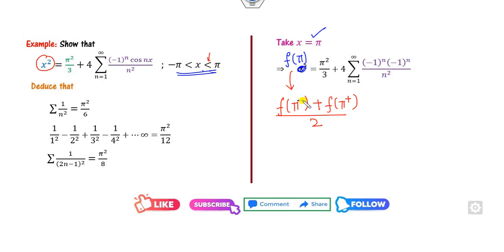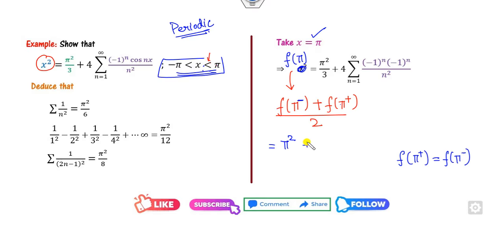What is pi negative? Pi negative is here. It will be pi square. What is pi positive? Pi positive lies outside this interval, but we all know the function is periodic. So once the function is periodic, pi positive is always equal to pi negative.